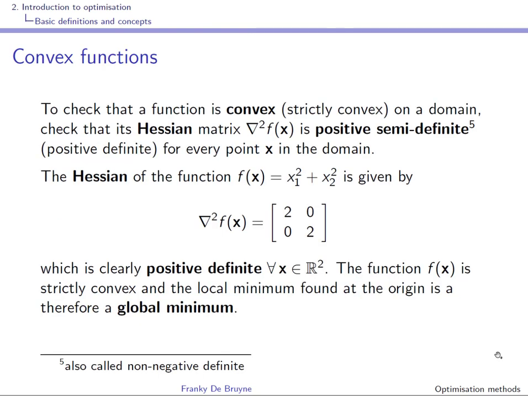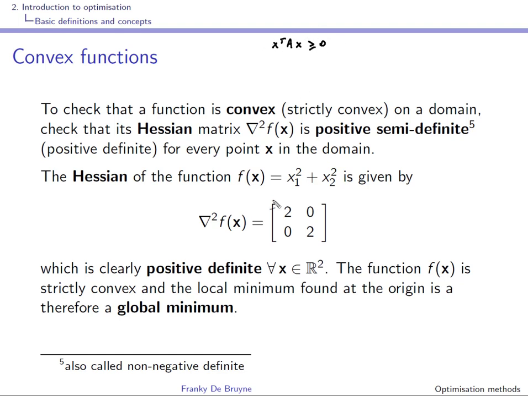To check that a function is convex on a domain, you have to compute the Hessian and check that it is positive semi-definite for every x in the domain. Remember that the matrix A is positive semi-definite if x transpose A x is larger or equal to 0 for every non-zero x.